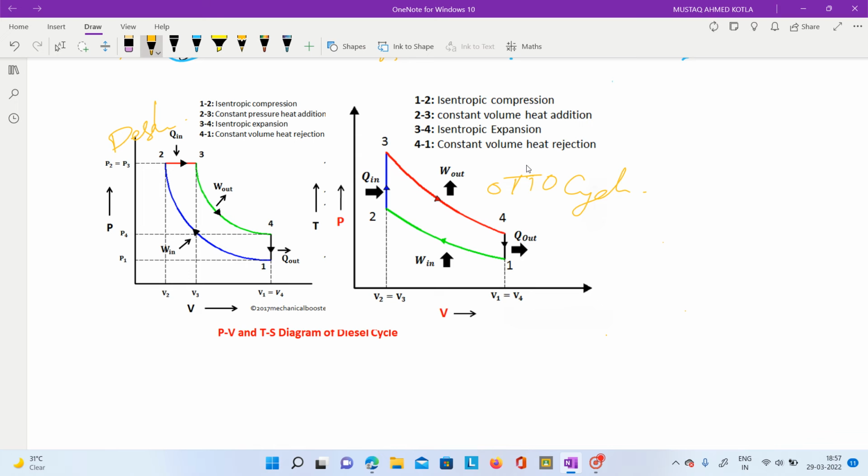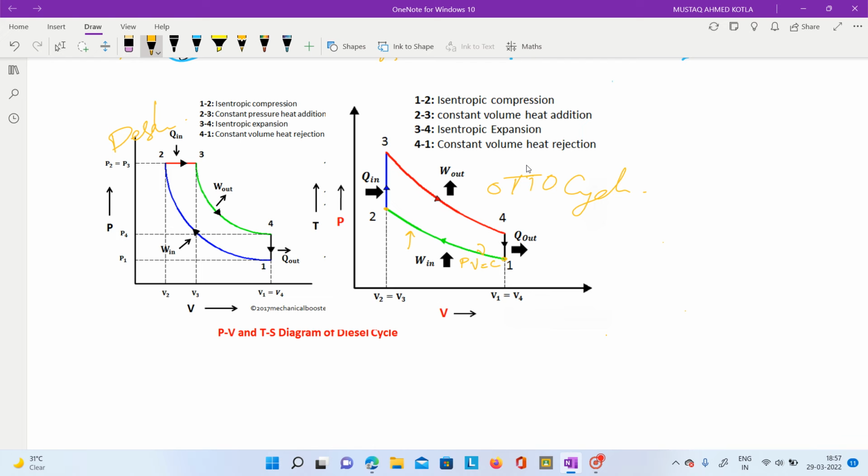At the process 1 to 2, you can see work is being done. We are applying some amount of work to it. Here PV^gamma equals constant.